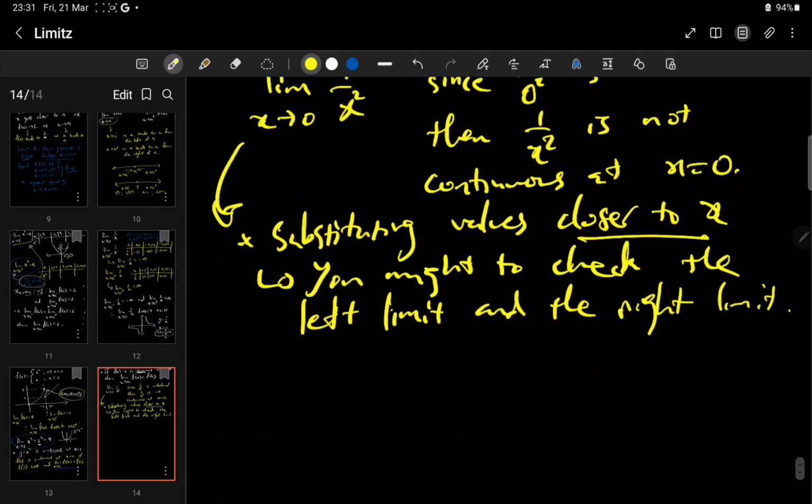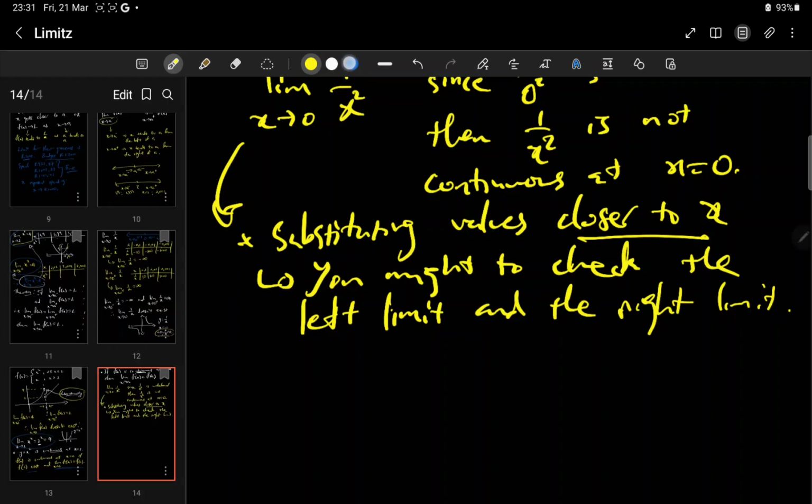But if when you substitute into that function it gives you a number which exists, that is f of that number exists, then that function is continuous at that point, and you can just substitute.